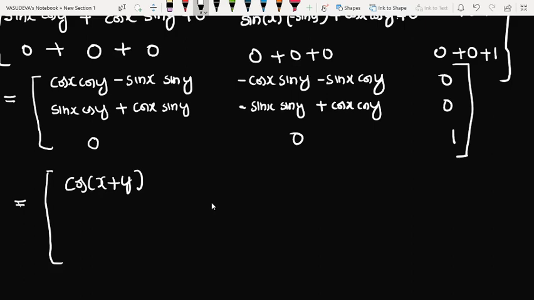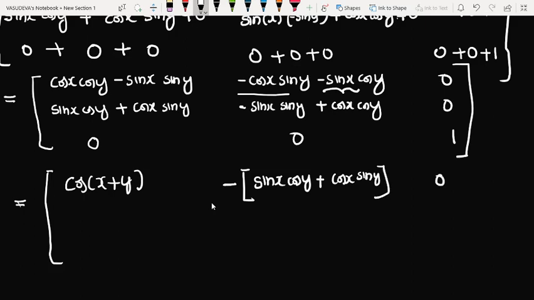Now the second element can be written as minus of sin x into cos y plus cos x into sin y. Observe that I have written the second element first, taking minus outside. And sin x into cos y plus cos x into sin y can be written as sin of x plus y.